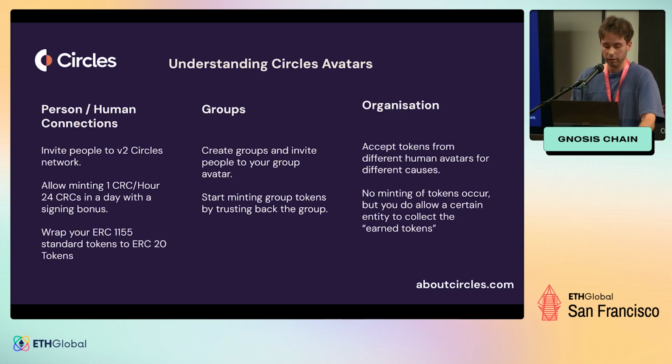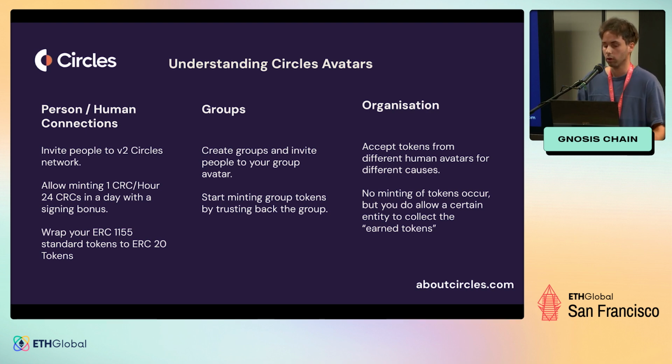So with the SDK, you can create the 3 types of avatar: human, groups, and organization. For human, like I said, you need to get invited. So there is a function in the SDK that lets you invite an address, a wallet address, to the Circles network. And then when it's done, they can register and start minting their own tokens at a rate of 1 token per hour.